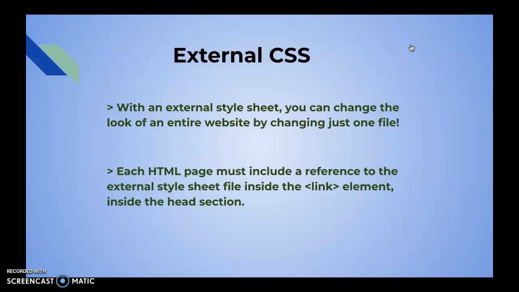The external CSS file should not contain any HTML tags. Each HTML page must include a reference to the external style sheet file inside the link element inside the head section. This way, any change we make on the CSS file will apply to all the HTML files that are linked to the CSS. I will demonstrate this in a little bit with an example.